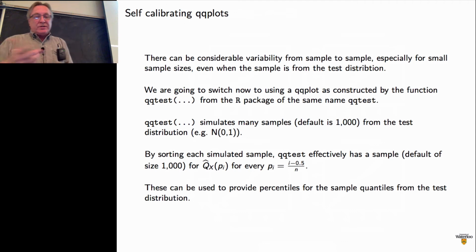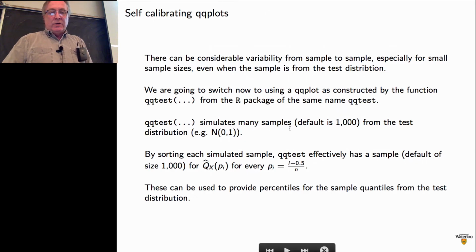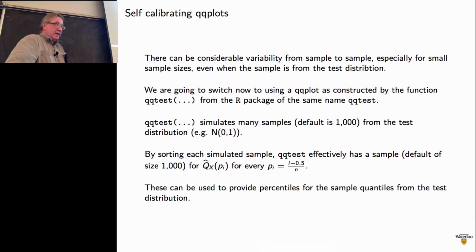So what I'm going to use is a package called qqtest, which is going to try to incorporate visual testing in the QQ plot itself. What qqtest does is it generates many, many samples, default 1,000. It'll generate 1,000 different samples from your supposed distribution of the same sample size as your data set.